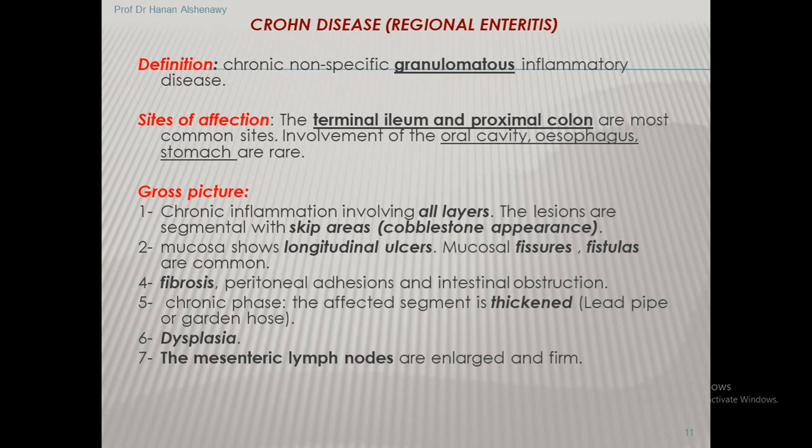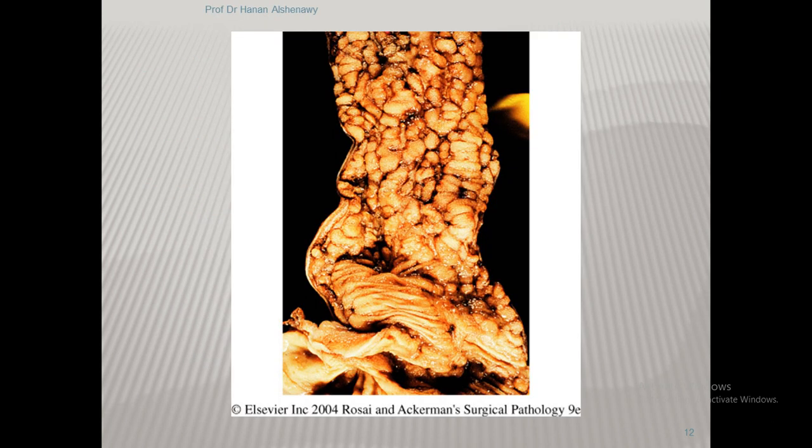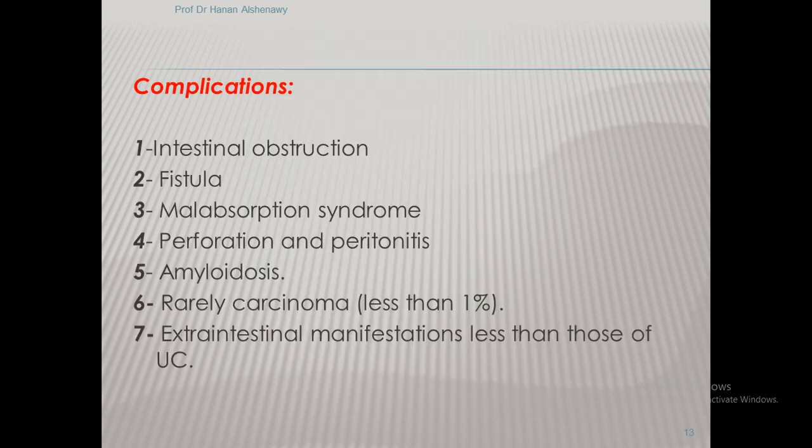And we have here granuloma. It's a granulomatous disease. Dysplasia is rare, so proceeding into cancer is very, very rare and not recorded, unlike ulcerative colitis. This is the cobblestone appearance, a very nice example of stones arranged above each other.